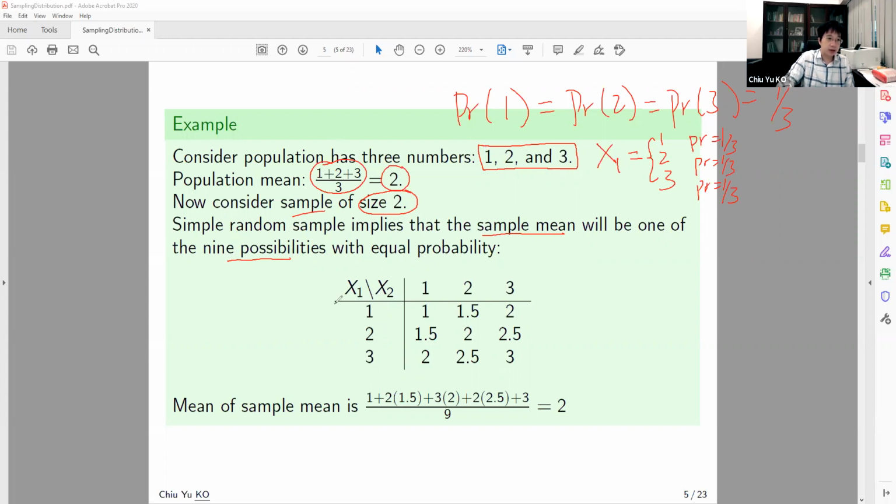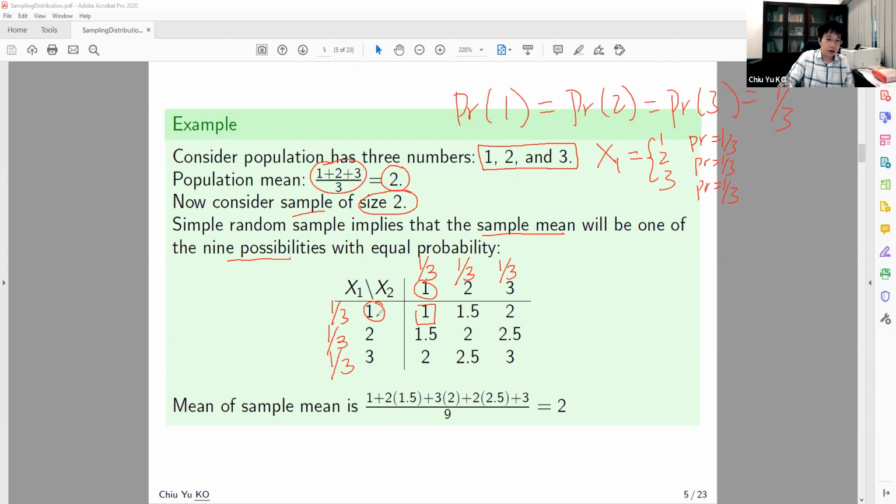For the first draw, 1/3 is 1, 1/3 is 2, and 1/3 is 3. The second draw is the same. If the first draw is 1 and the second draw is 1, the sample mean is 1, because 1 plus 1 over 2 is 1.